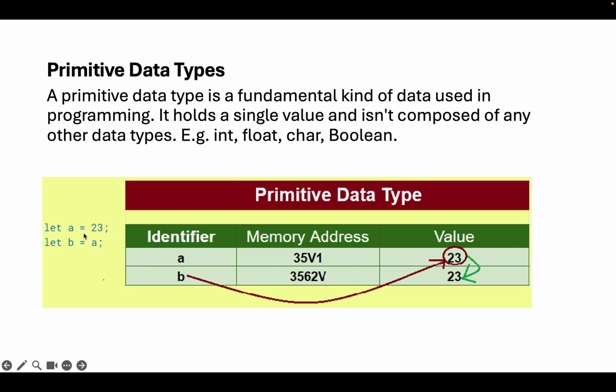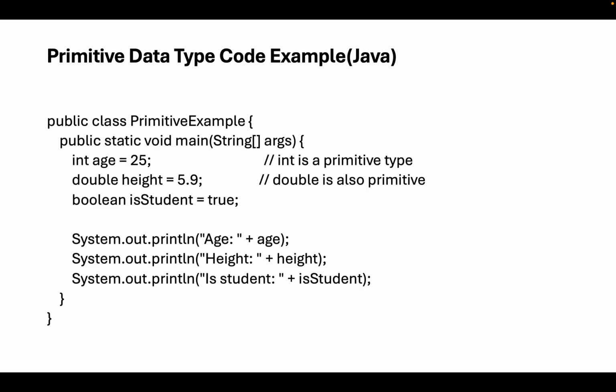But when we change the value of A to, let's say, 25, that does not mean that B is 25, because B is equal to A but A is not equal to B. So that's primitive data type.